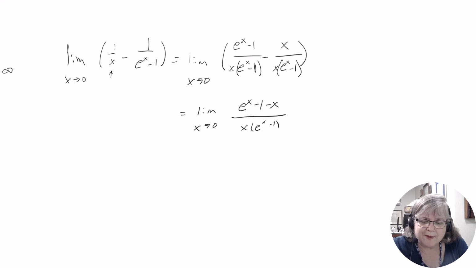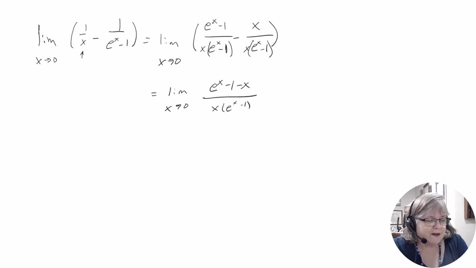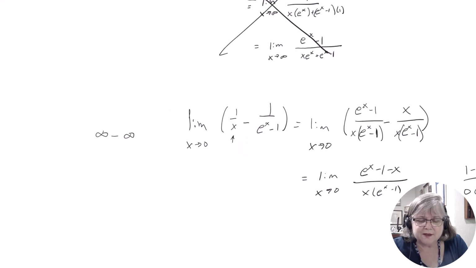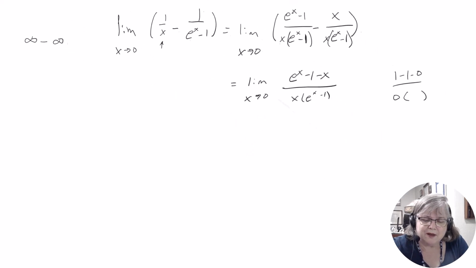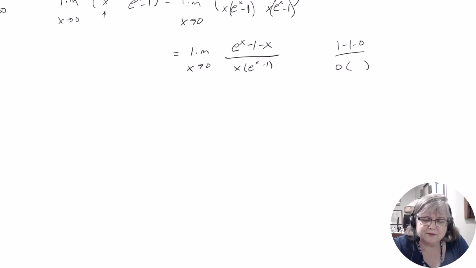I got hung up on my minus 1s and dropped off parentheses. All right. Now, let's see where we're at. As x goes to 0, e to the 0 is 1, minus 1, minus 0 is 0 over 0 times whatever, doesn't matter. It's 0, so that's fit for L'Hopital. So I'm going to apply L'Hopital here.